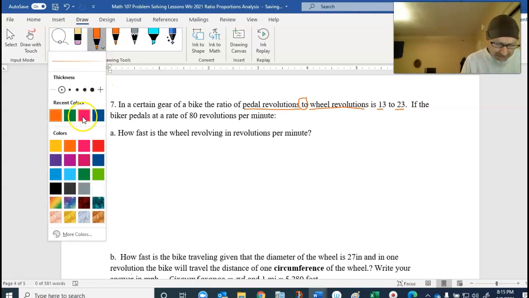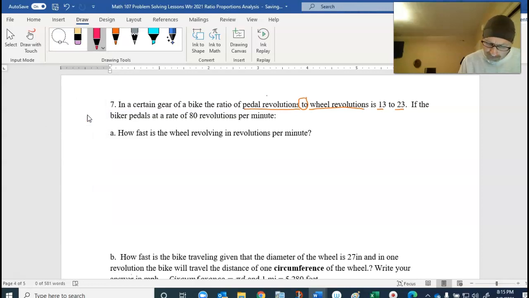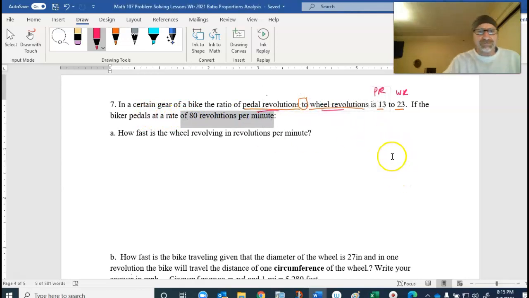Since it mentions pedal revolutions first and wheel revolutions second, that means the 13 goes with the pedal revolutions and the 23 is the wheel revolutions, because the order that they come in a ratio is crucially very, very important.